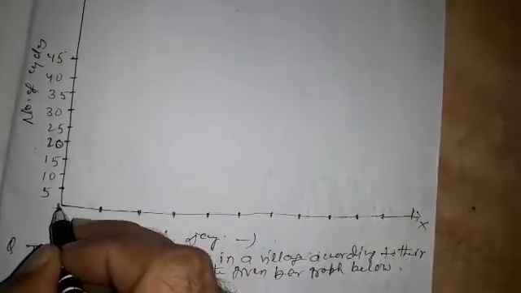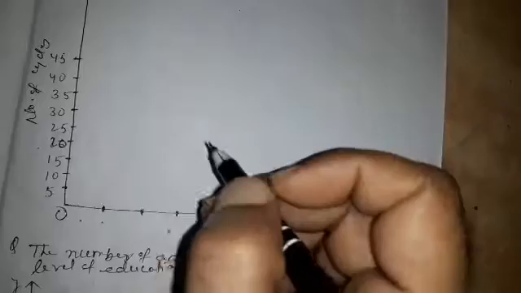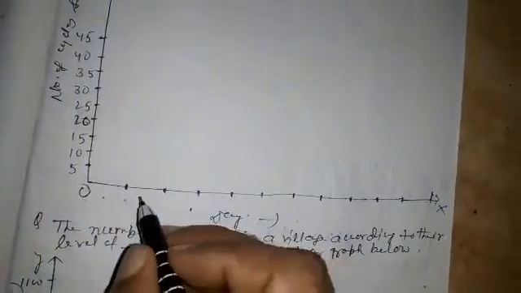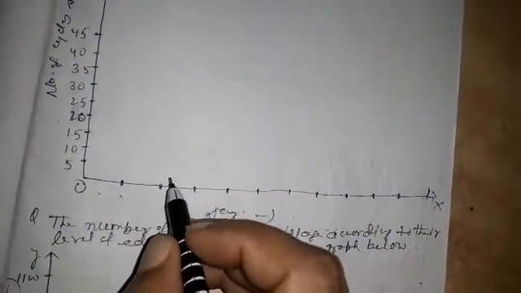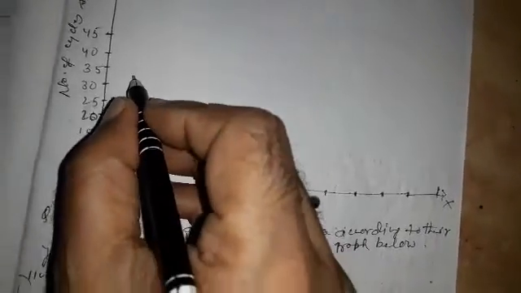Let this distance be 5 units, 10, 15, 20, 25, 30, 35, 40, 45. Here the vertical line shows the number of cycles sold, and this shows the days. So on Monday, 35 cycles are sold, so we draw a bar.